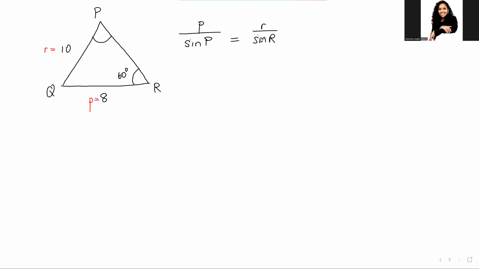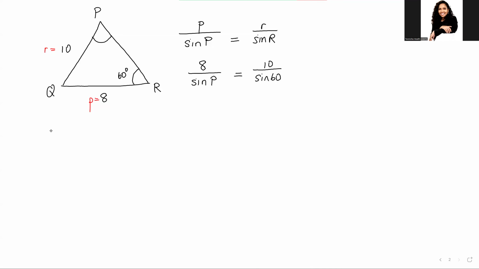Side P is 8. Sine of angle P, well, we want to find out what that is. We don't know what angle P is, and that is equal to R, which is 10, over sine of angle R, which is 60.